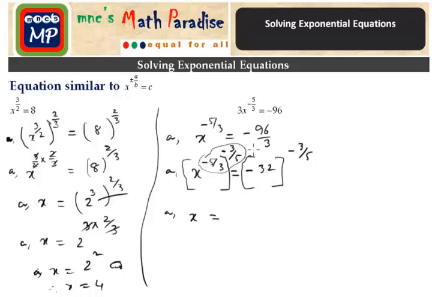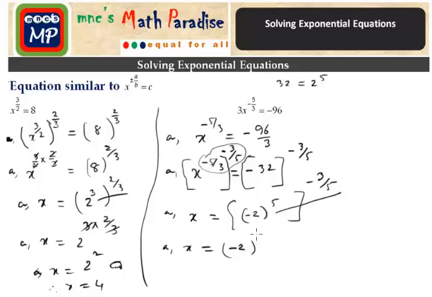Now we need to simplify this part only. -32, we know that 32 equals 2 to the power 5. So -32 equals (-2) to the power 5, raised to -3/5. Therefore x equals, this power and this power will be multiplied: (-2) to the power 5 times -3/5. The 5 cancels.